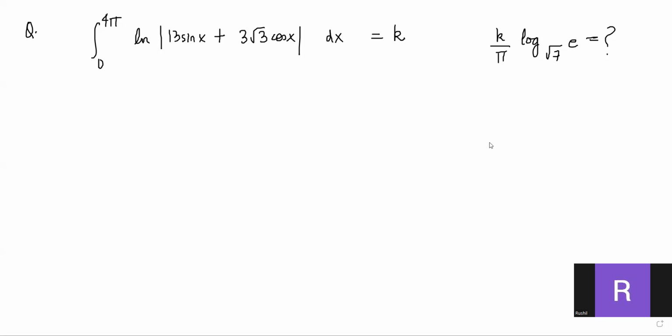So do you know this integral 0 to pi by 2 log of sine t dt? This is a standard derivation, pi by 2 ln 2, right? So this result will be used.